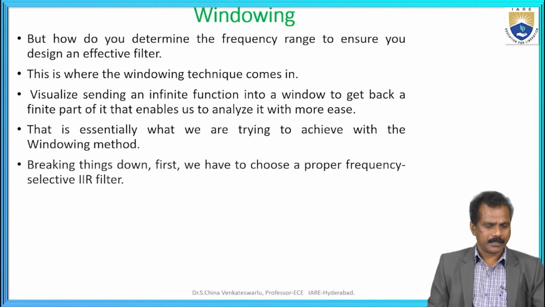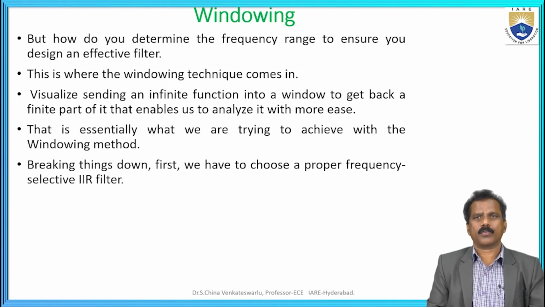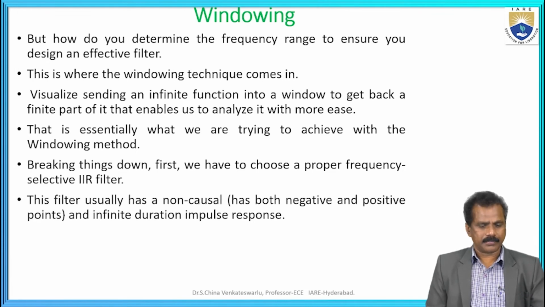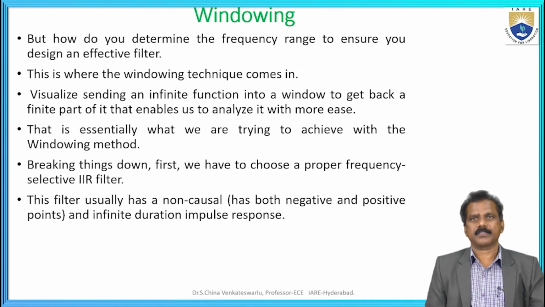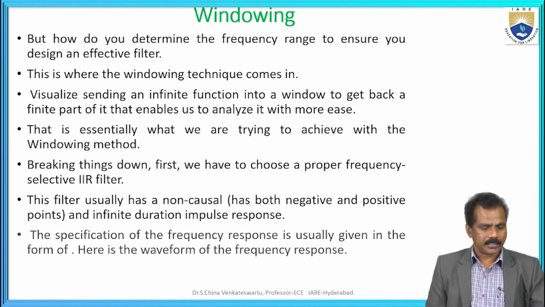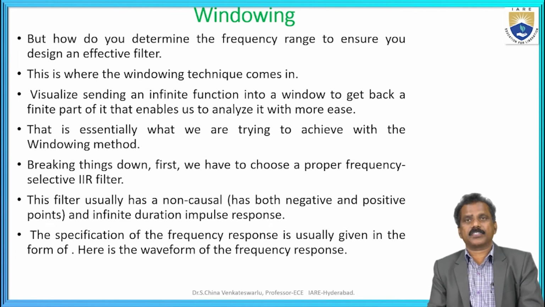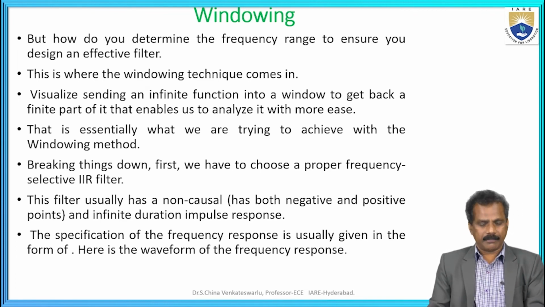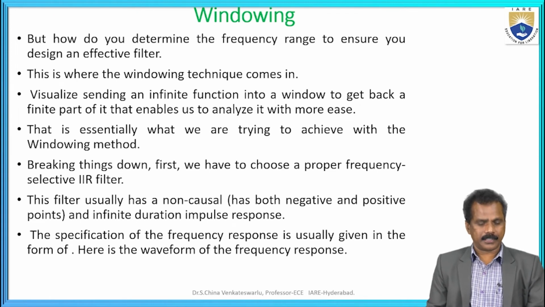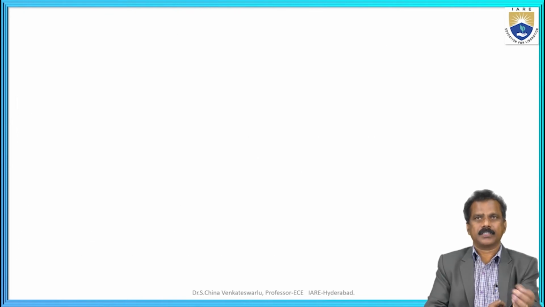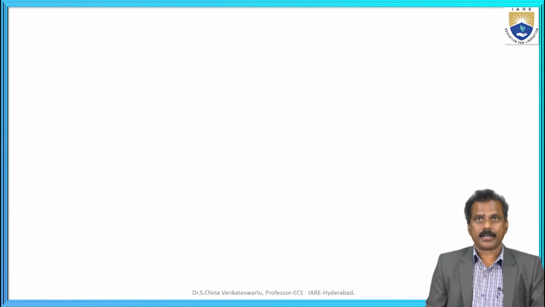Okay, so breaking things down, first we have to choose a proper frequency selective IIR filter. This filter usually is non-causal, has both negative and positive points, and an infinite duration impulse response. The specification of the frequency response is usually given in the form of a waveform.